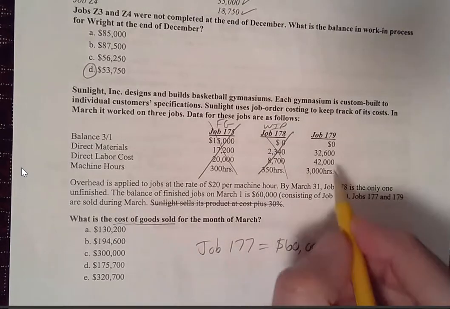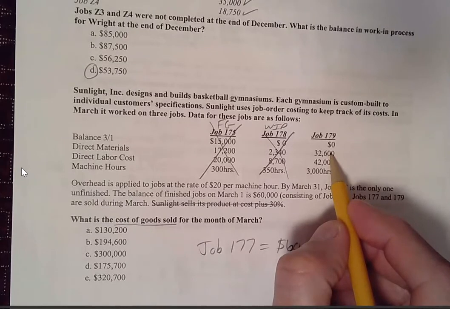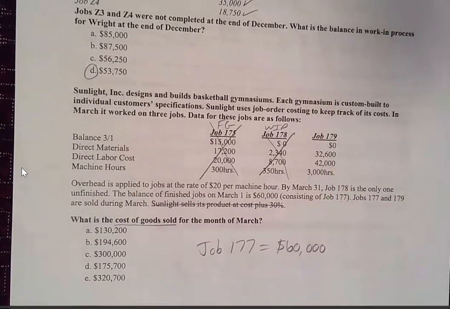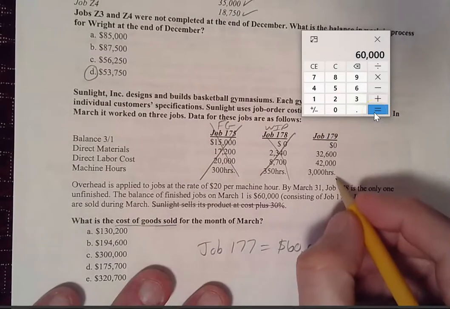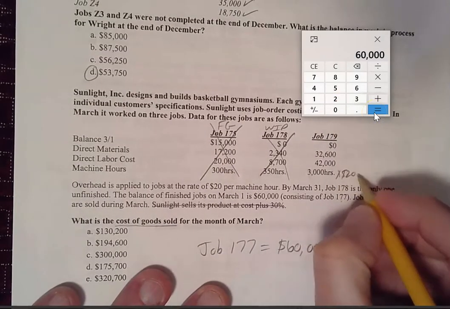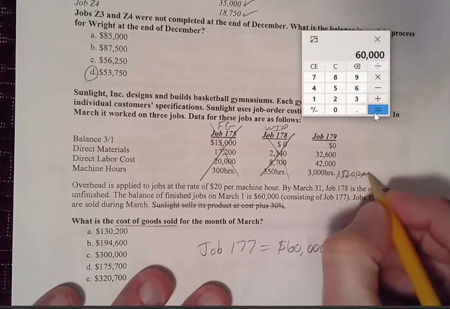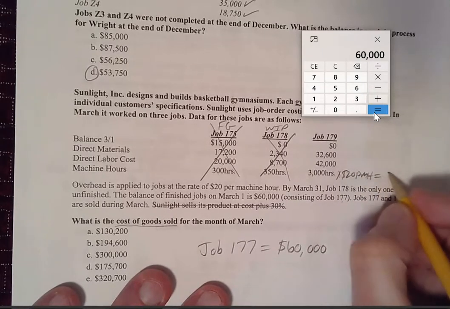It looks like we've got 32,600, 42,000, and then we've got to account for our machine hours. We have 3,000 machine hours times $20 per machine hour equals 60,000.